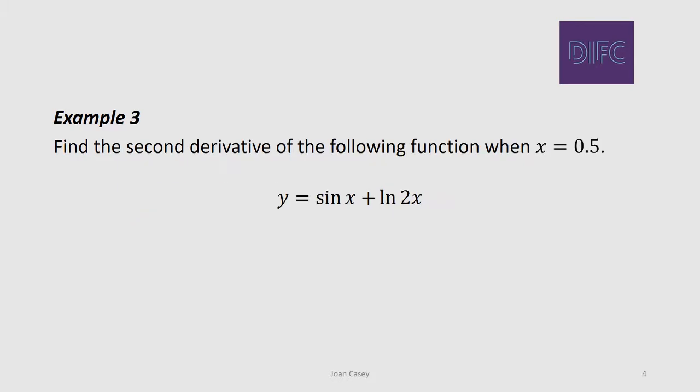Find the second derivative of the following function when x equals 0.5. We've got y equals sine x plus ln 2x. I'm going to take a look at that one.